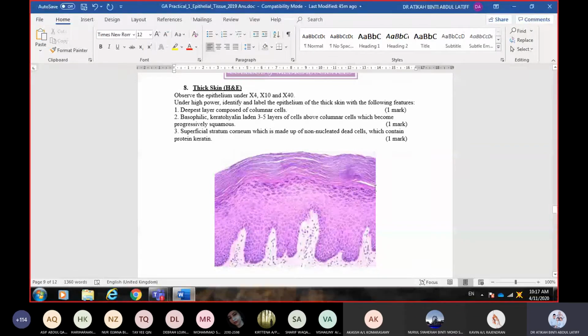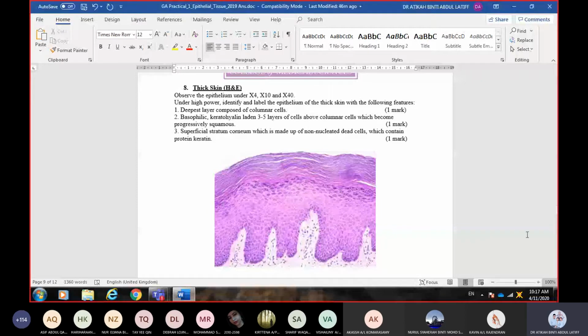Then we have the stratum corneum, which is this pink line here. And above it, we have the keratin layer. So three types of layer in the thick skin. Basophilic means it's more blue or purple. So you can see this layer being more blue or purple.